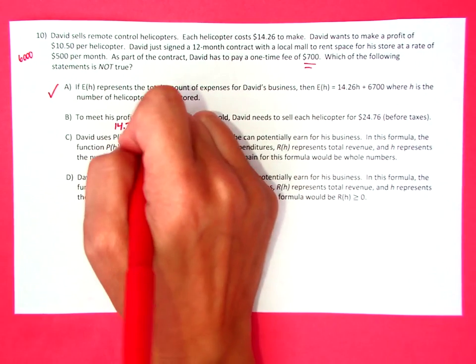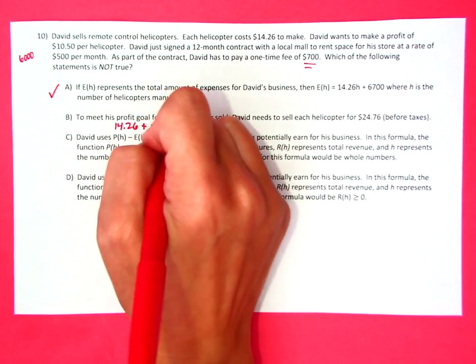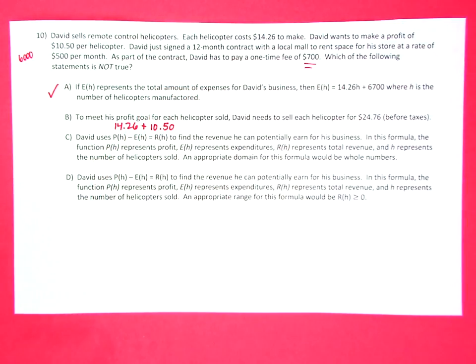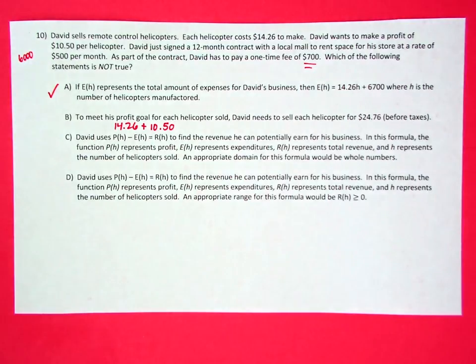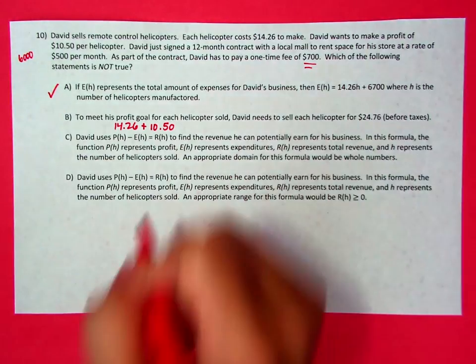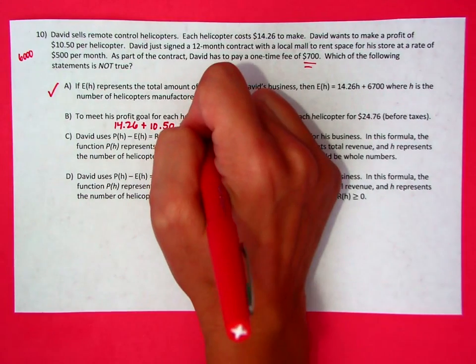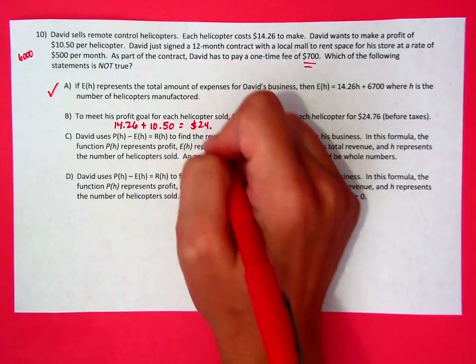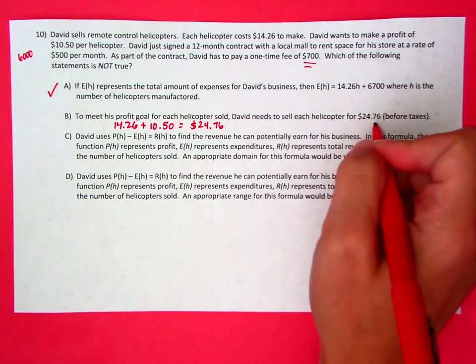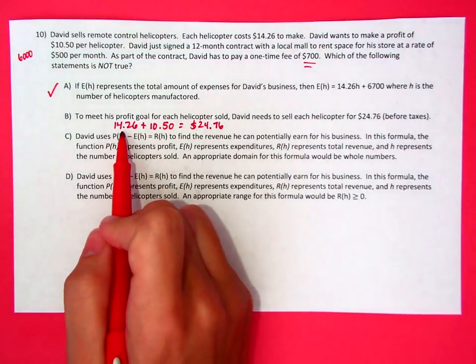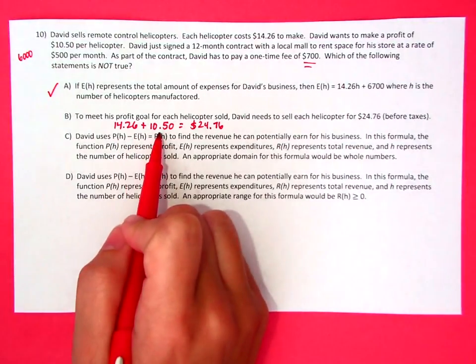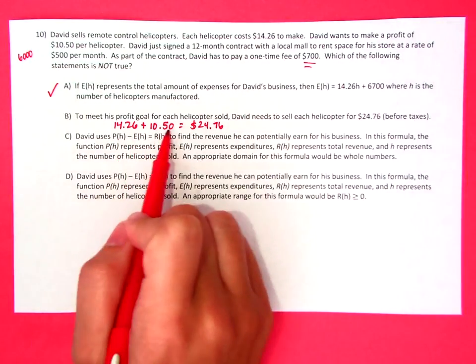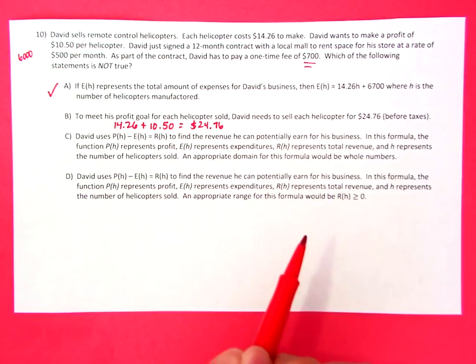So if we take that expense and we add $10.50, that's what he should be selling his helicopter for. So you want to do $14.26 plus $10.50, and that's going to give you a total of $24.76. That does match, because if this is how much it cost him and he wants to make a profit, he's got to add $10.50 to that, so that's what he needs to sell each helicopter for.